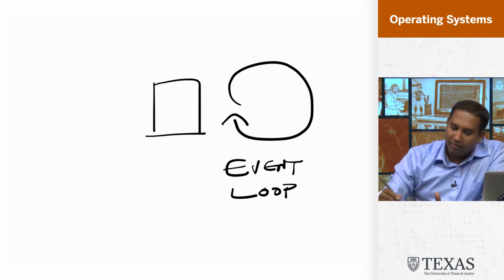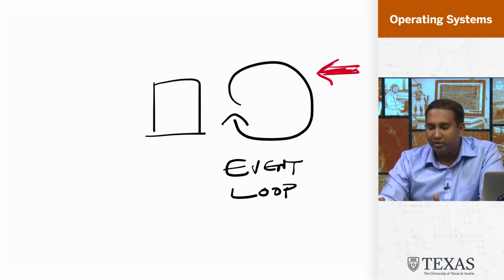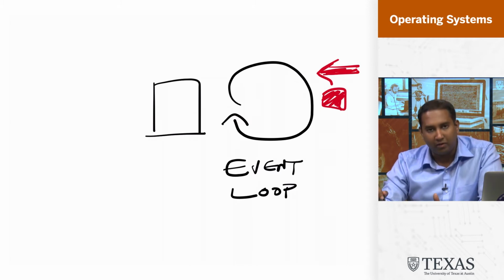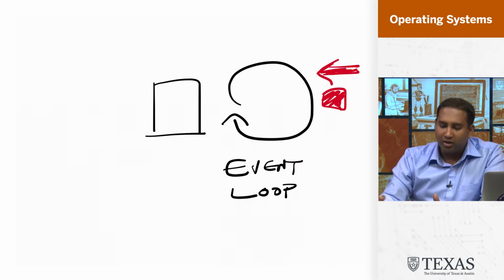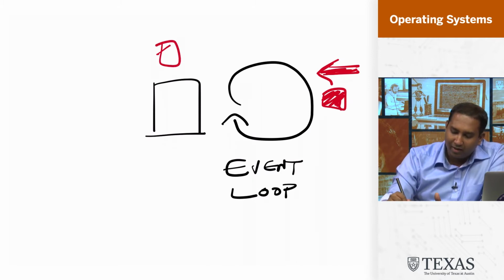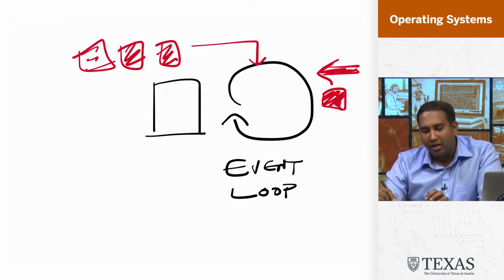So say an event arrives, and the event loop will process that particular event. It will do a small amount of processing to handle that event, and then it'll go back to its infinite loop and keep doing that. For every event that comes along, the event loop is going to do a small amount of processing, and then go back and keep waiting for events.